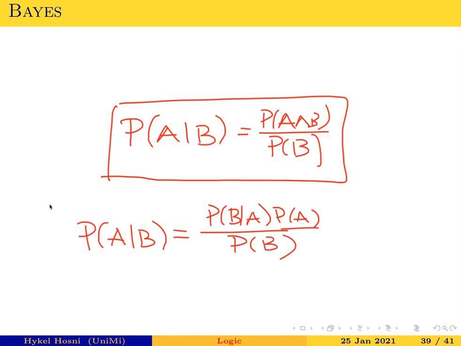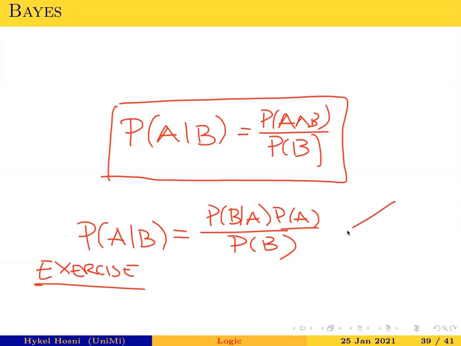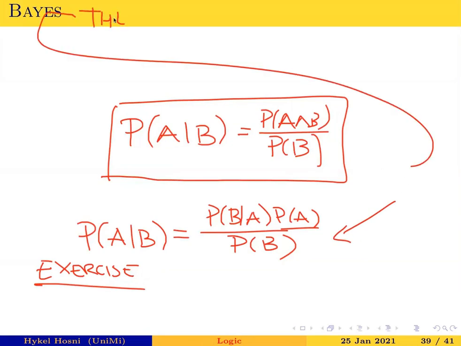So, an exercise, really. I actually gave out the answer. But anyway, this is the definition, the thing we saw. And this is Bayes' theorem, which forms the conceptual background for Bayesian statistics, which is one of the cornerstones of machine learning.